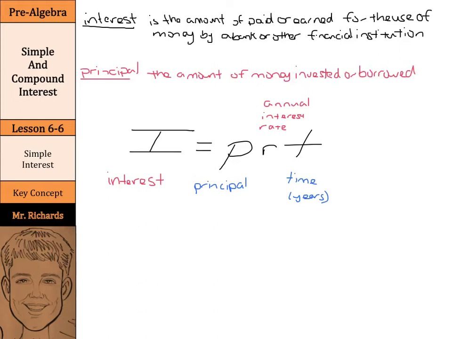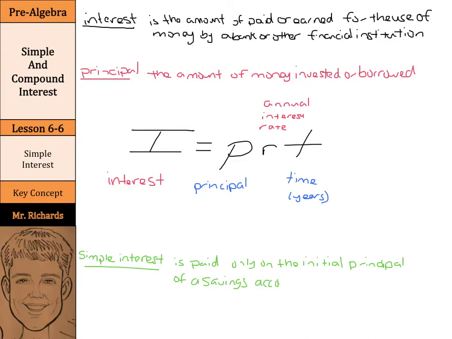Now, there's one more definition to talk about here, and that is the definition of simple interest. And simple interest is paid only on the initial principal of a savings account or loan.